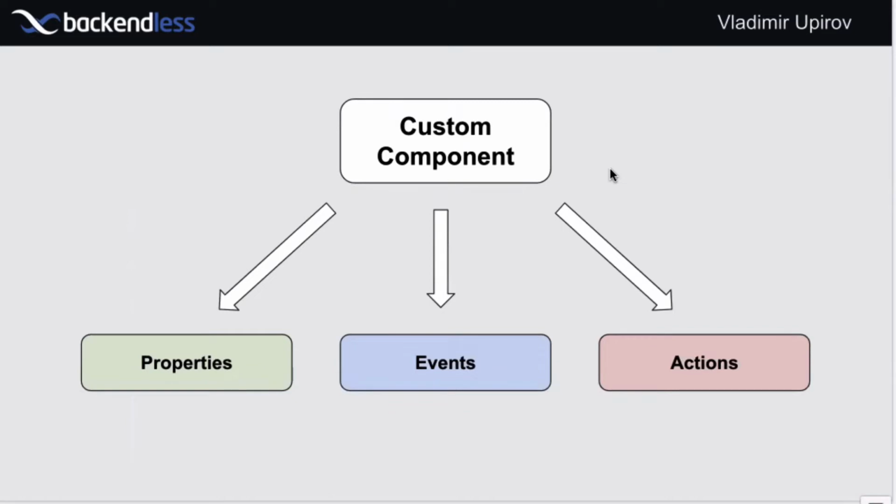Each custom UI component divides into three different elements, I would say. The first one is property. Properties are a two-way connection between the custom component and other UI components on the page. For instance, let's consider an input component and which properties the input can have.